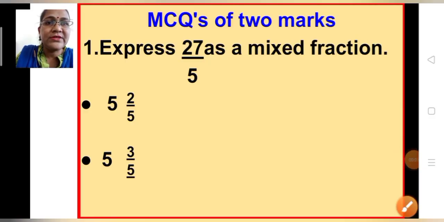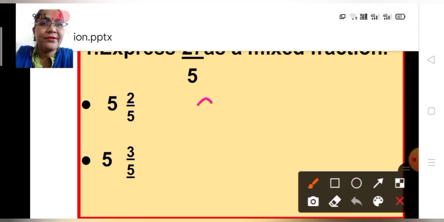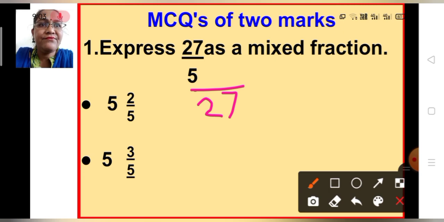Now we will start the MCQs of 2 marks. First one is, express 27 by 5 as a mixed fraction. 27 by 5 is an improper fraction. To convert this into a mixed fraction, first we will divide 27 by 5. So here I will get 5 5s are 25.